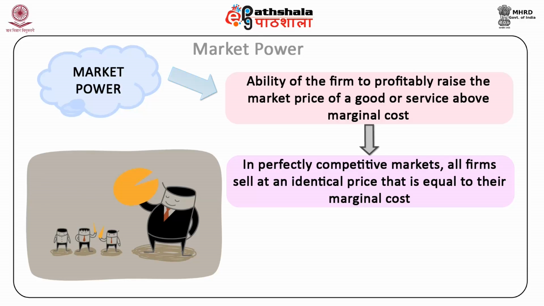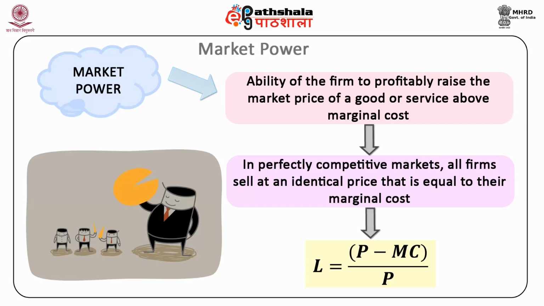The standard definition of market power is the divergence between price and marginal cost expressed relative to price. In mathematical terms, L = (P - MC) / P, where L is the indicator of market power, also referred to as Lerner's index. P is the price at which the firm sells its output, and MC is the marginal cost of the firm.